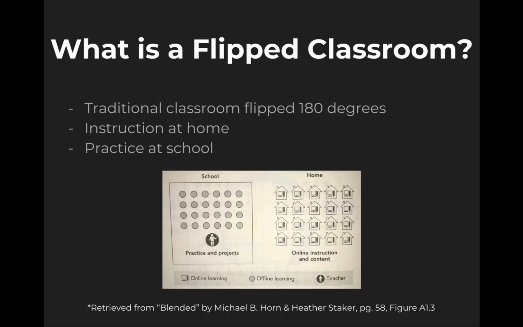On this figure, which I retrieved from the book Blended, it shows that at school there's offline learning and the teacher is guiding students through practice and projects, and then at home students are doing the online learning and content and then taking it to school where they can practice and do projects.